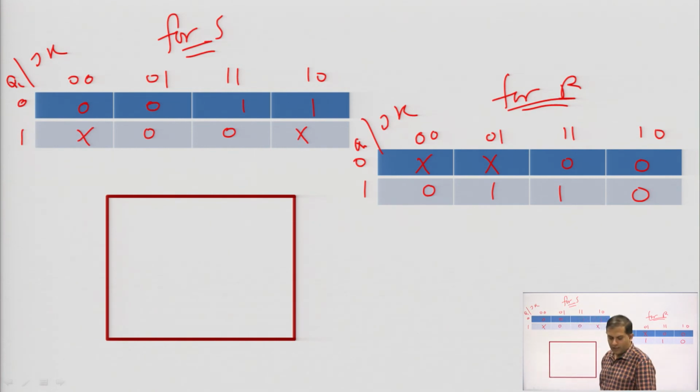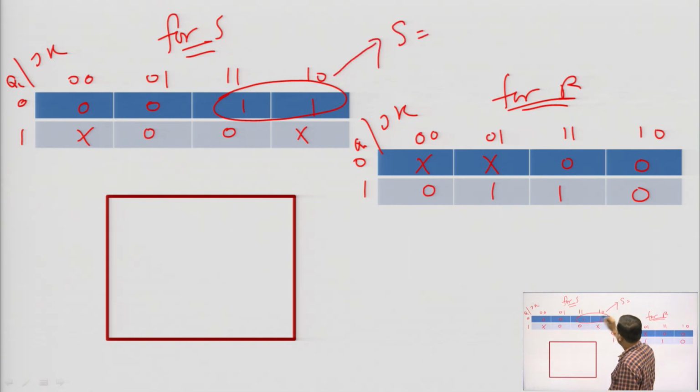Okay. So, now grouping, only one group is made here. So, what will be this value? This is nothing but S is equal to Qn bar J. Okay. And here we will be having one group only.